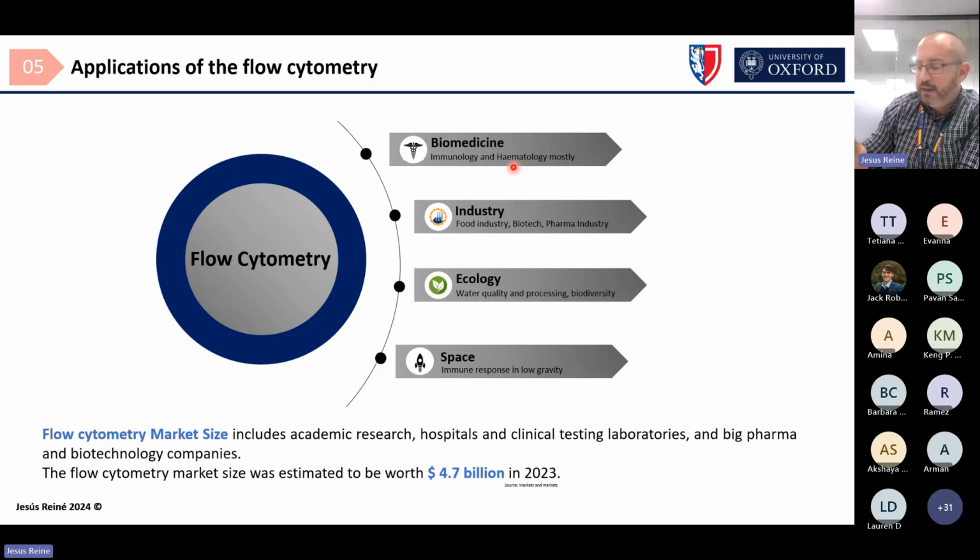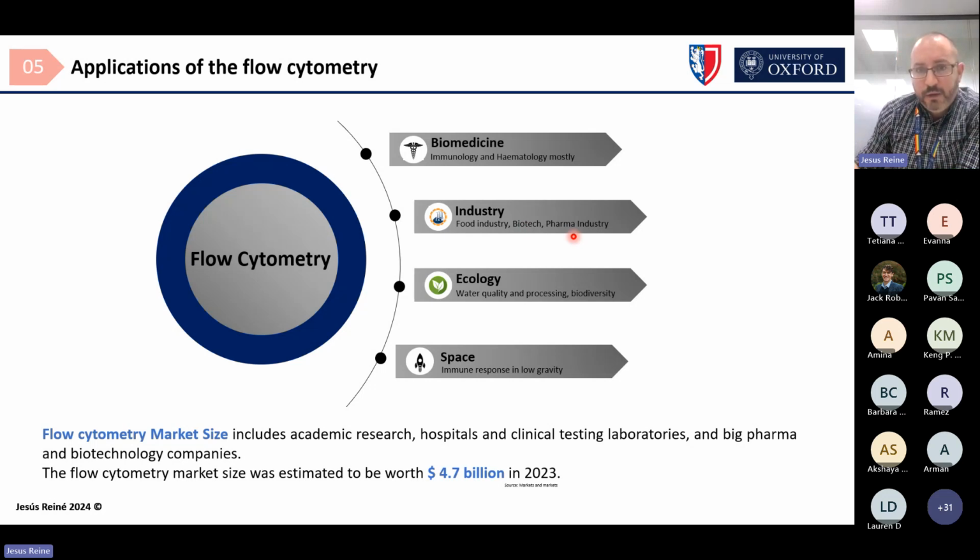In hospitals, to develop diagnostic kits or follow-up treatments for many reasons, and also for clinical research as well. Then we have different applications in industry, mostly in the food industry, biotech, or even pharma, with different purposes, and it's happening on a daily basis.